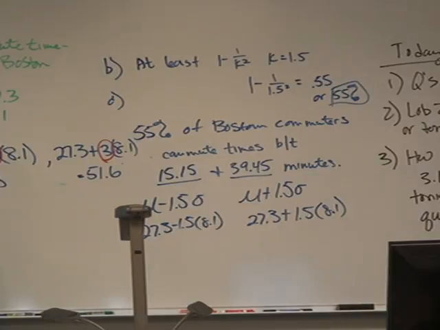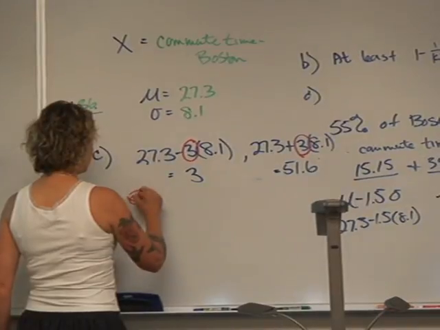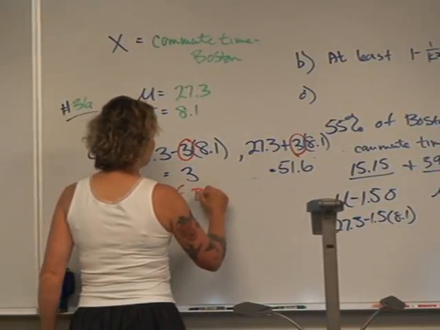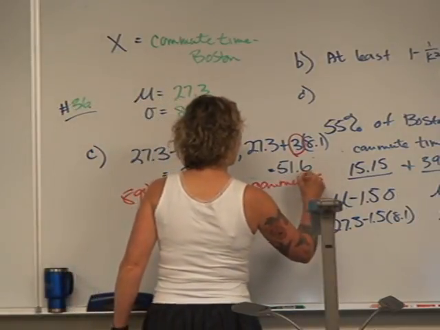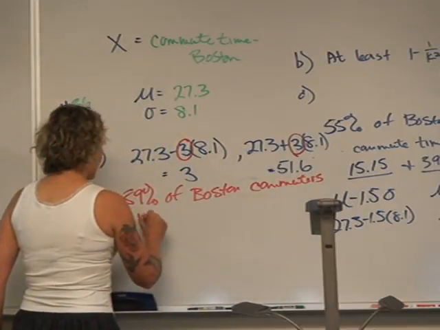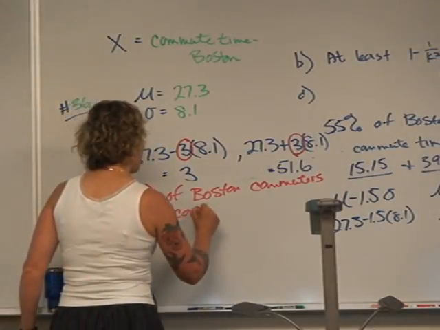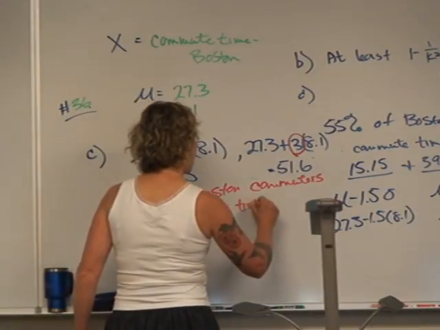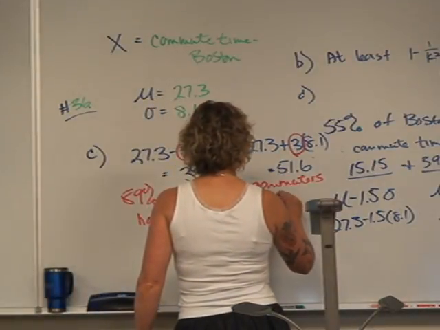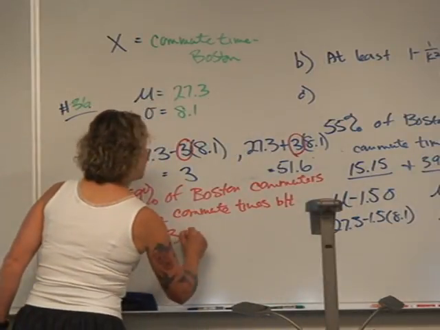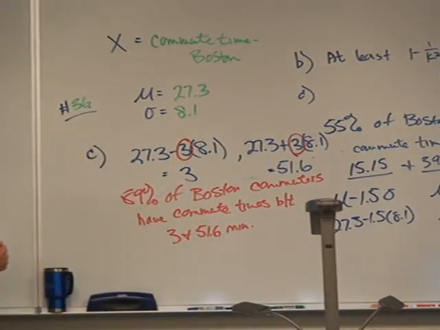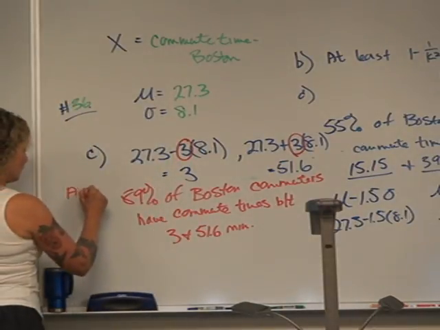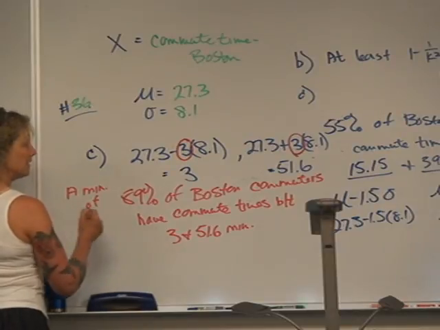So 89% of Boston commuters have commute times between 3 and 51.6 minutes. And you know, we can say a minimum of 89%.